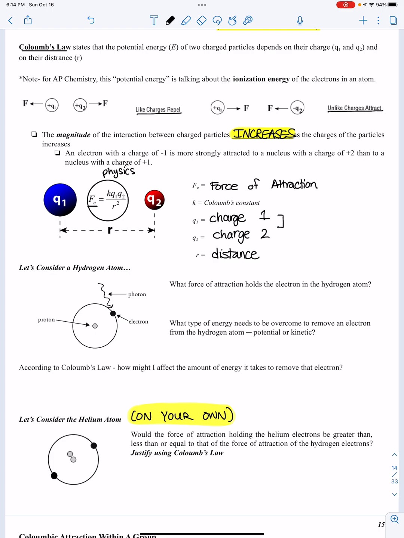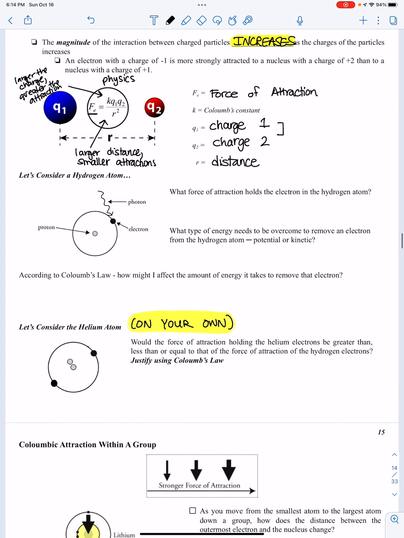That means the larger the distance, the smaller the attraction that two particles are going to have for each other. That's why R is on the bottom. We'll also see the larger the charge, the greater the attraction. So keep that in mind for us here.